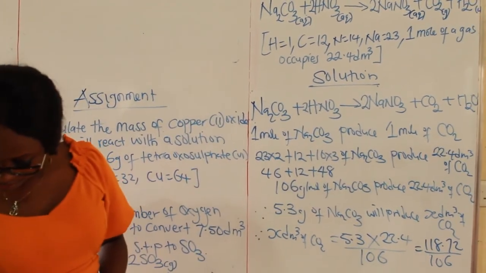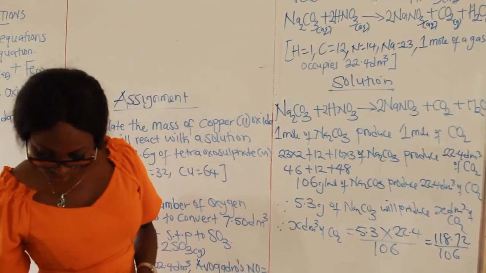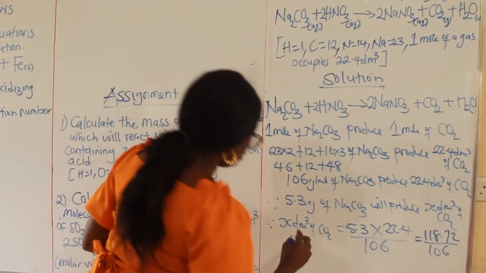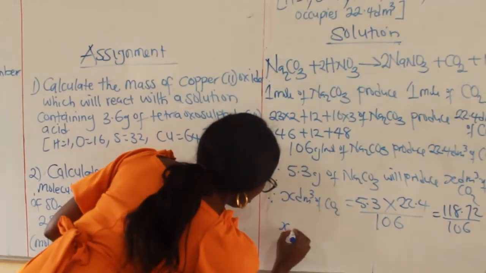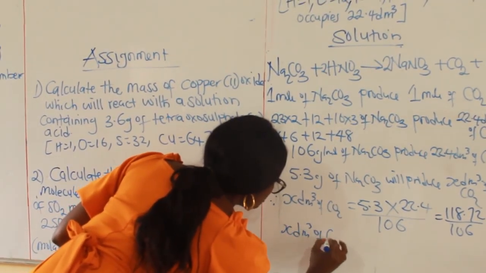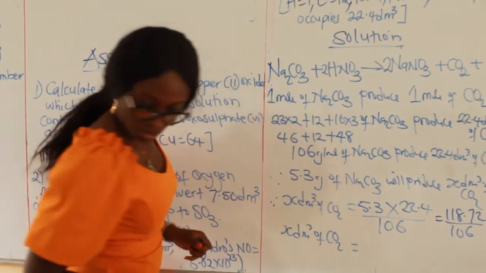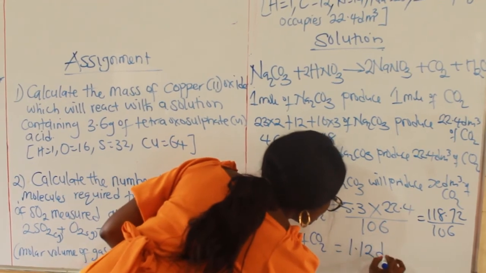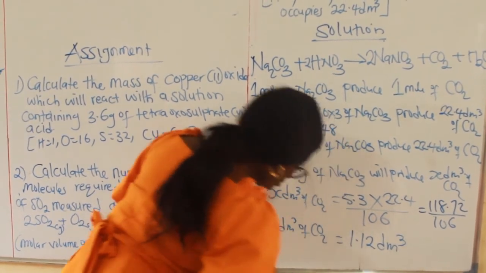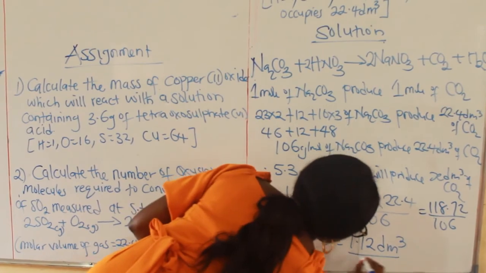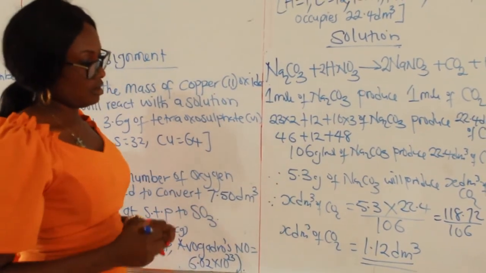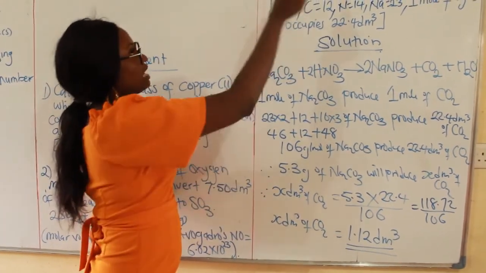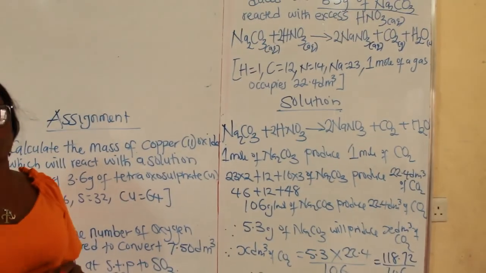Now say answer, divide by 106, that gave us, so X dm³ of CO2 is equal to 1.12 dm³. I'm gonna just underline that. So this is our answer, 1.12 dm³ of this. That is the volume of CO2 that will be produced.